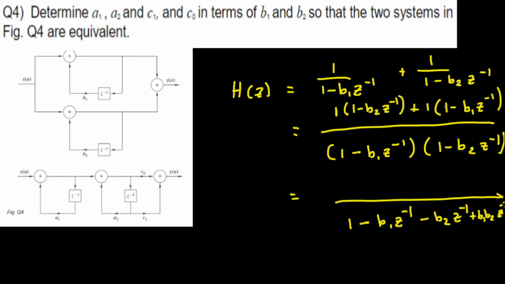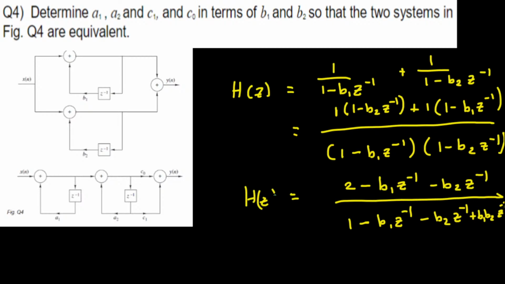We are just adding those two together. So 1 plus 1 is going to be 2, and then minus b1 z power minus 1, and then minus b2 z power minus 1. So this is what we are having. This is from the first diagram. This equation is from the first diagram.